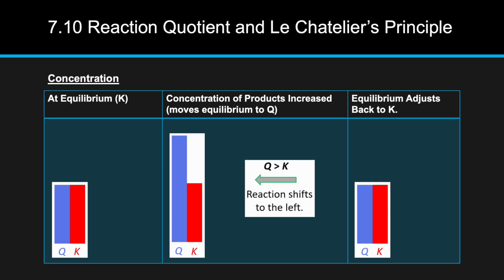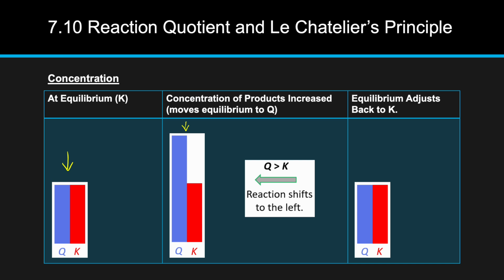All right, so let's break that down one more time. So if we were to start at equilibrium where Q is equal to K, we have a ratio of products and reactants that matches the equilibrium constant at that temperature. Now, if you were to increase the concentration of products, you are adding product to the numerator, which is going to increase that Q, or reaction quotient.